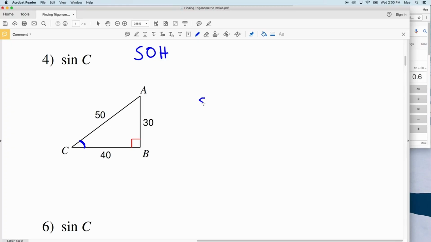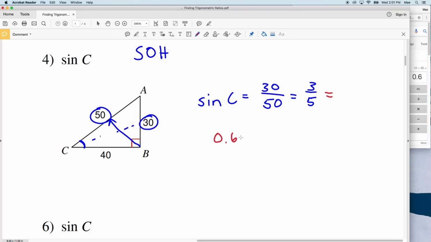So we're going to do the sine of C, and that's equal to opposite, which is 30, over the hypotenuse, which is always opposite the right angle, and that's going to be 50. 30 over 50 is 3/5, and I know in my head that 3/5 is 6/10. So when we write this, we're going to have to write 0.6000, since we have to round to the nearest 10,000th.